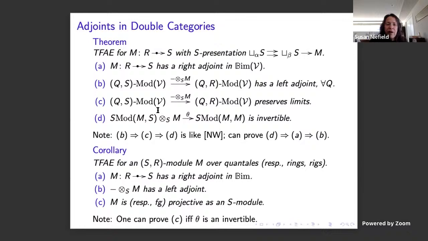Using the fact that condition C says tensoring preserves limits, you get that one of the coequalizers, this thing always takes coequalizers to equalizers, and basically you get isomorphisms over here.